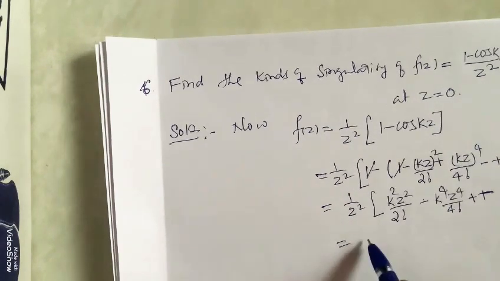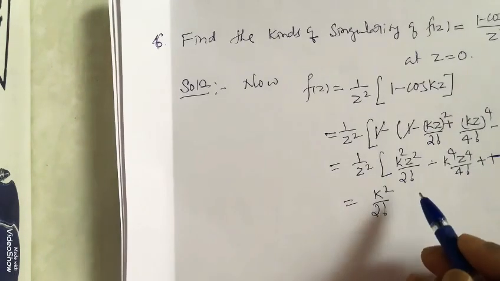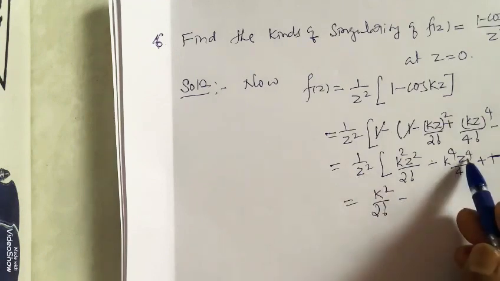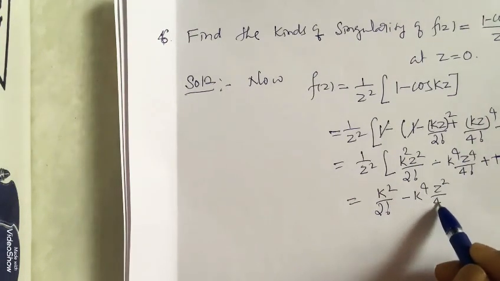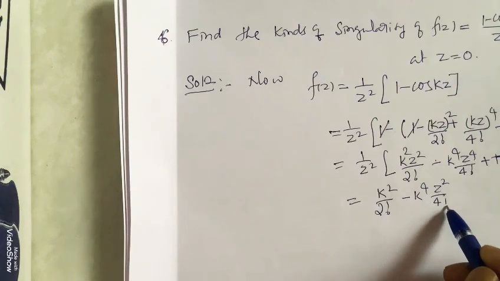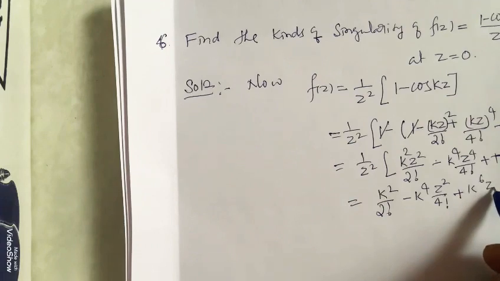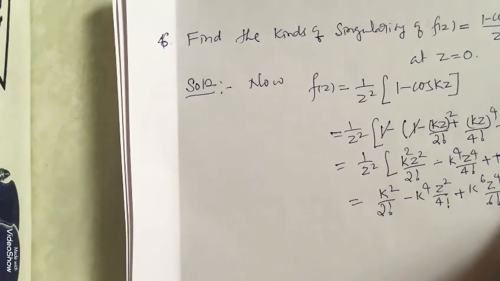Bring z square inside. It is k square upon 2 factorial, and z square and z square get cancelled, minus k raised to 4 z square upon 4 factorial, and then plus k raised to 6 z raised to 4 upon 6 factorial, minus plus and so on.